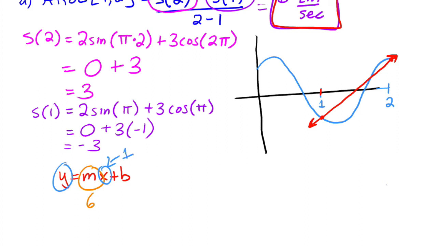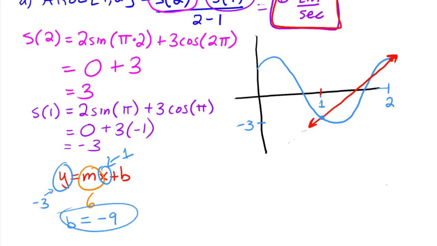So when x is equal to 1, or sorry, in this case it's t, but it doesn't really matter, when this is equal to 1, then this is equal to -3. You can see it right here, this point, -3. If I plug that in, I get that b is equal to -9, and that looks about right.